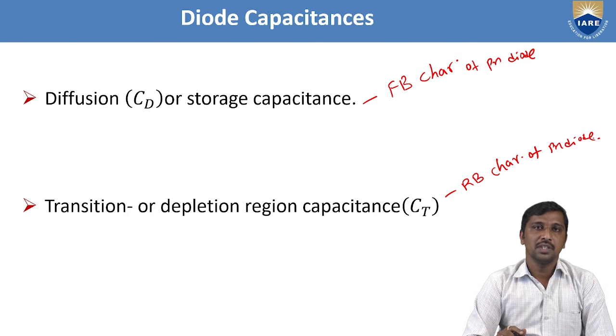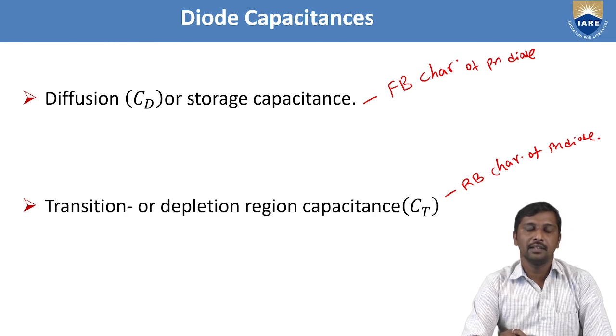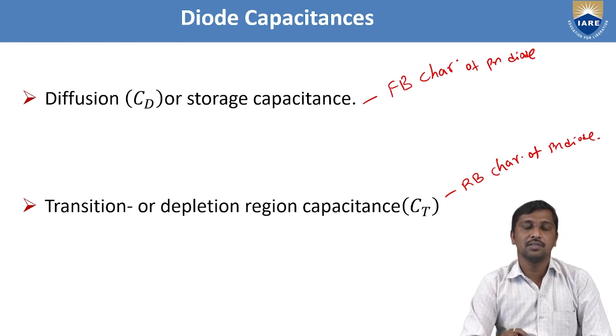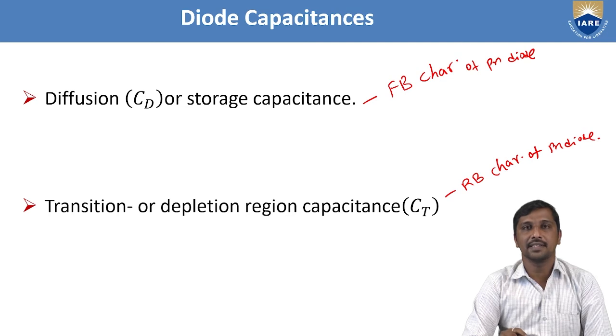Before identifying the diffusion or transition capacitance, first we need to observe how this PN junction diode acts as two conducting plates, and how a dielectric medium or insulator exists between the two conducting plates.